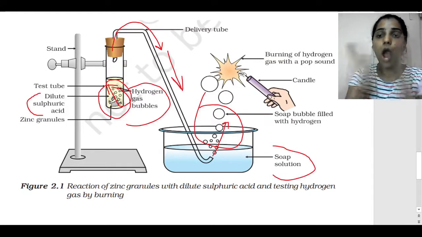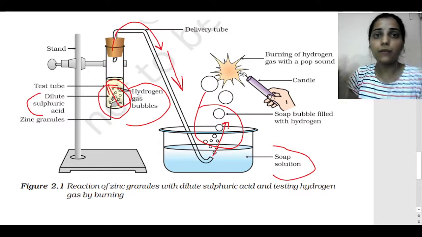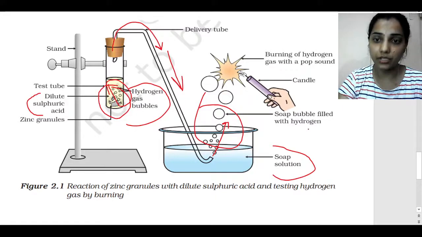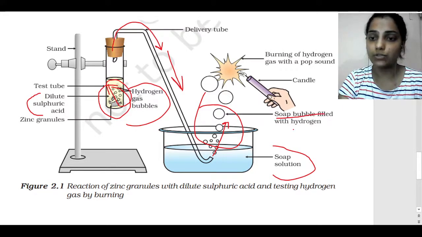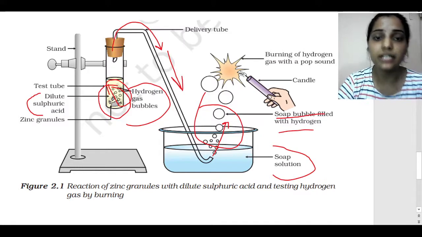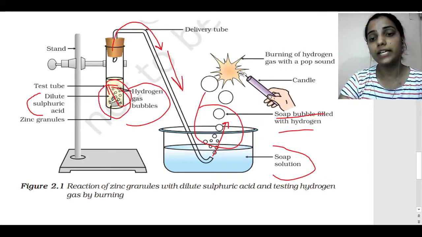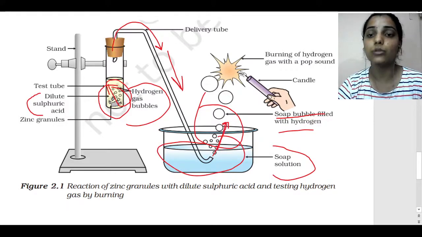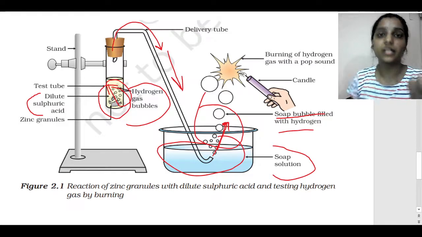But how will we identify what is actually happening? What we have done is made soap bubbles filled with hydrogen. If the hydrogen gas is coming out and we pass that gas into the soap solution, then those bubbles must contain hydrogen gas.